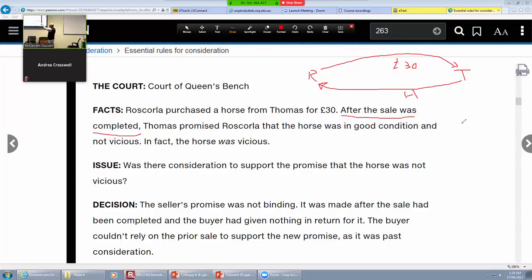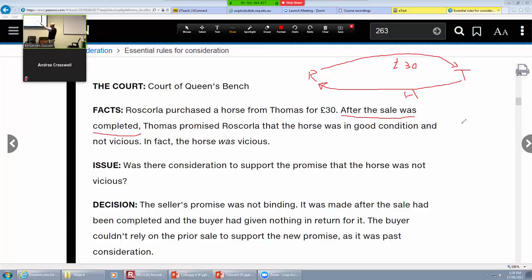So R promising T the 30 pounds means that T is going to buy that promise by what? What is his consideration? T's consideration is the horse. T is buying the 30 pounds promise with the horse. I'll give you the horse, so I get the 30 pounds.